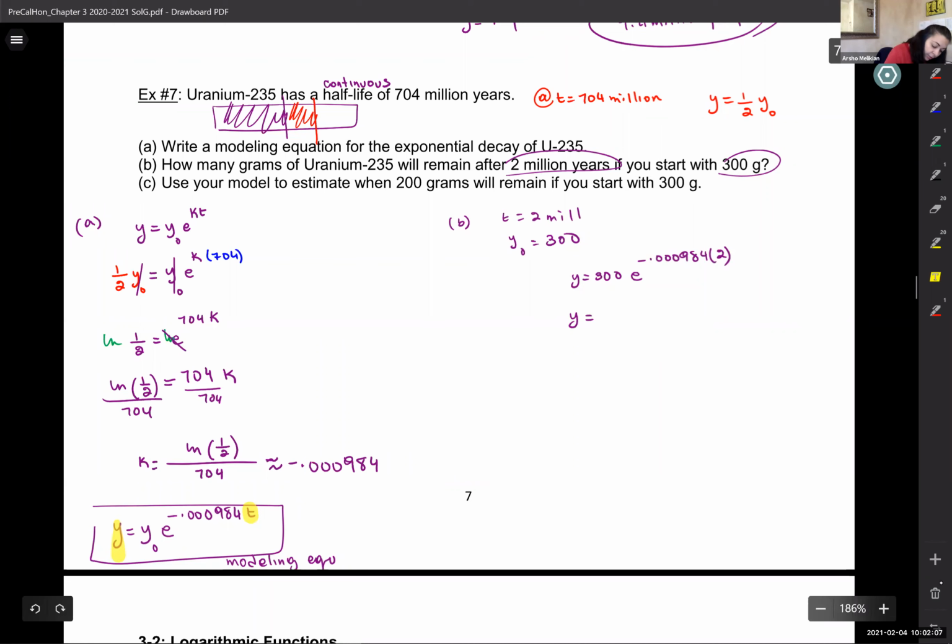Y is 299.410 grams. So again, if you're not told how to round, just go to 3 decimal places, especially for quantities of weight like this. And please don't forget units.